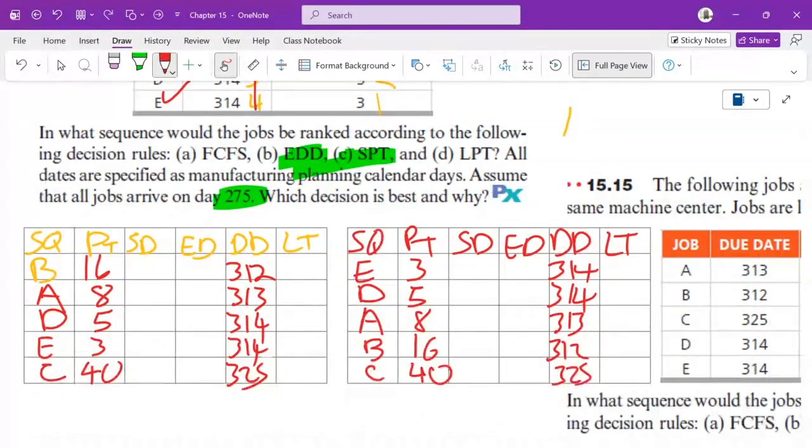As you can see, we have this now. Very interesting. Start date: you take the start date that you're given and write it here, 275. Then from the 275, you add the 16.